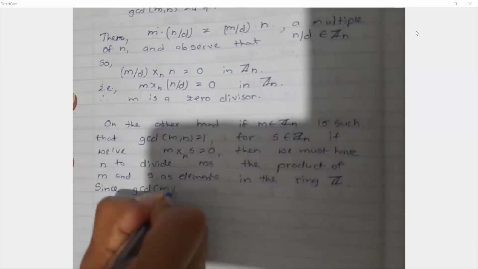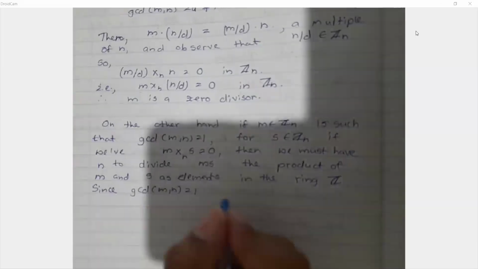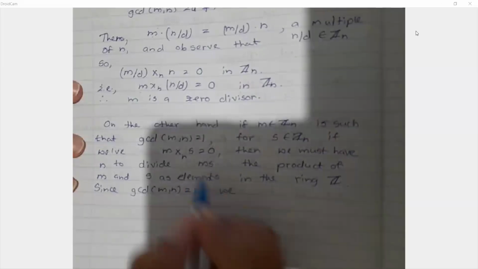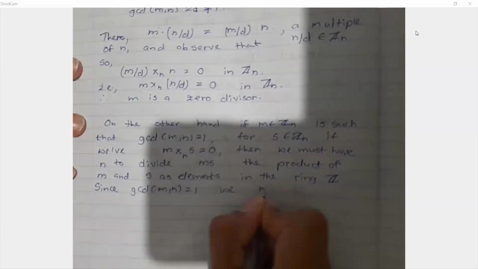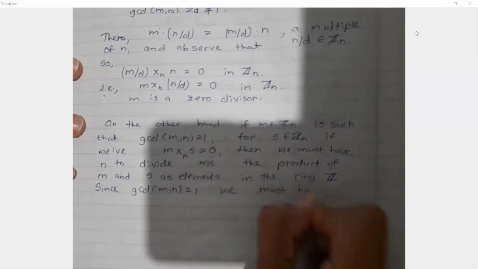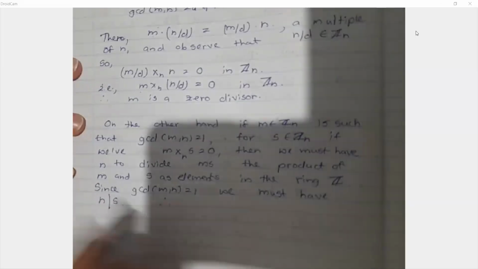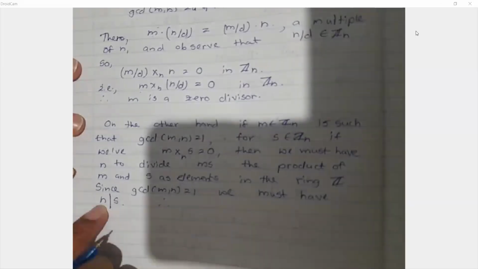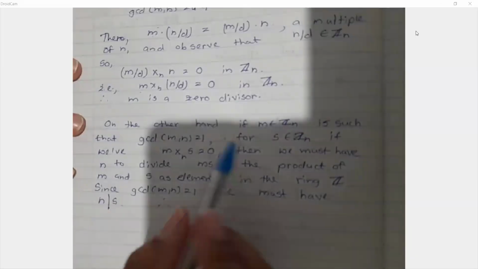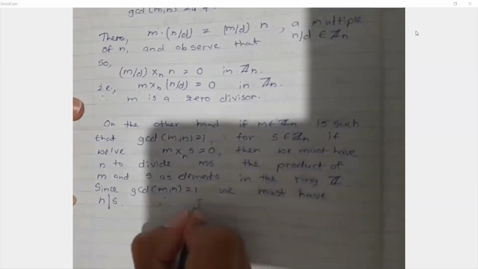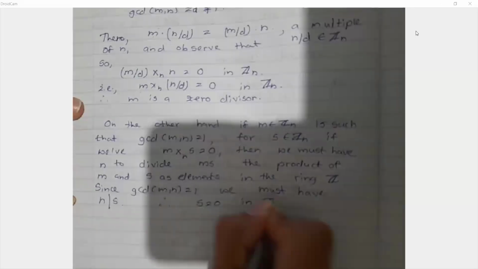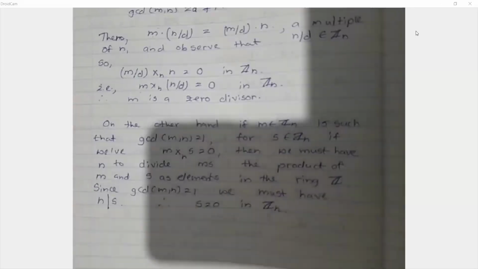In other words, those two are relatively prime. If n divides the product ms and n and m are relatively prime, we must have n actually divide s. If s is divisible by n and s is taken from this ring, we must have s to be 0 in Zn. So that concludes the proof.